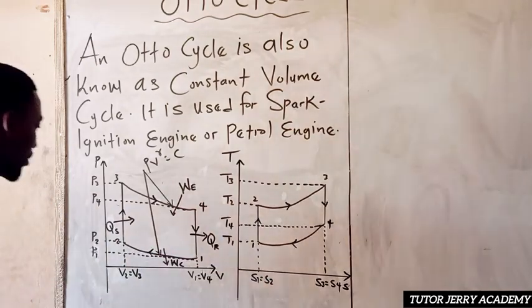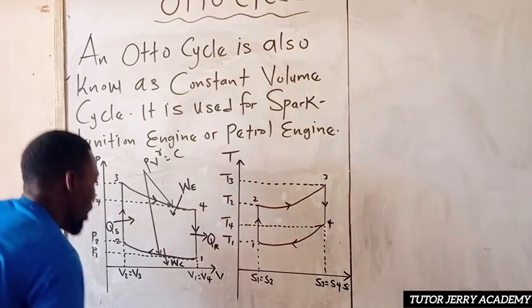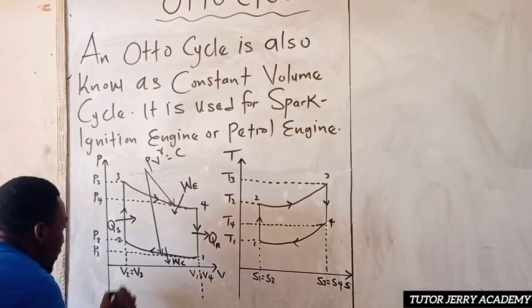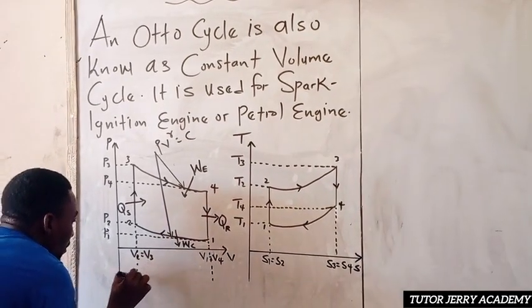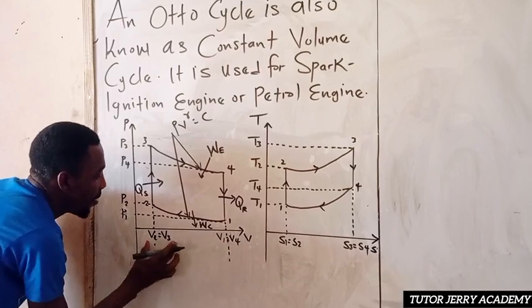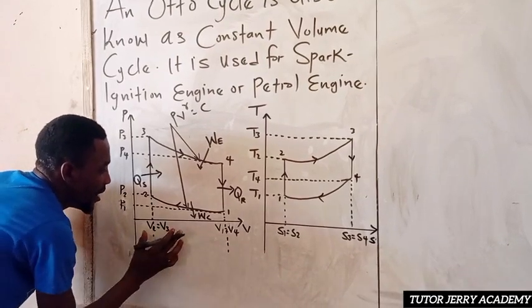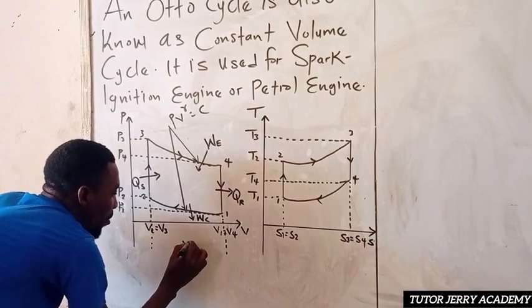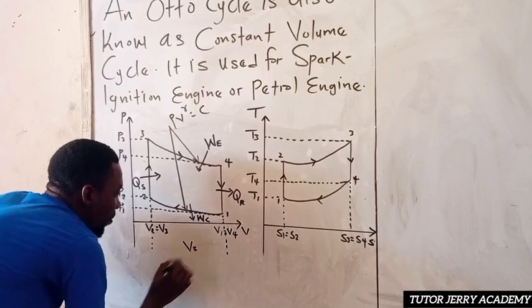So the next thing you need to consider again is these two places. Between V1 and V2, or V4 and V3, we have our stroke volume. That's what we call stroke volume.